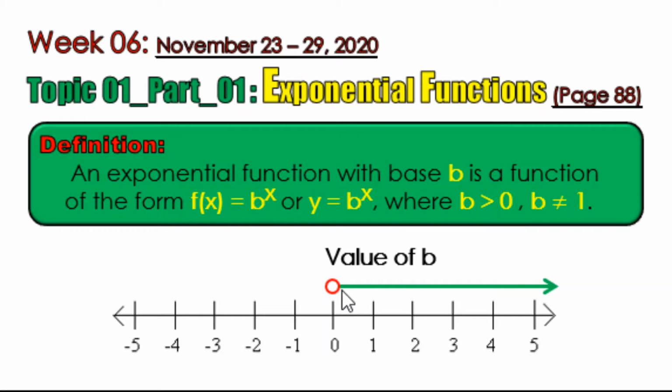So the values of b can be here, except that there is a restriction that b is not equal to 1. So this is a hollow point, which means that 1 is not included as the value of b.